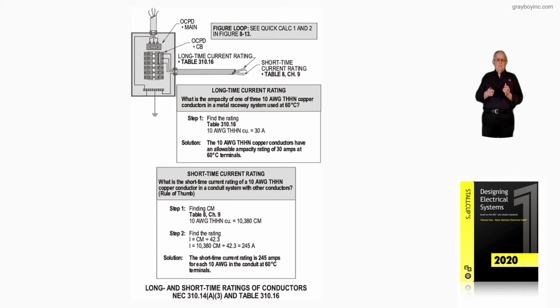Now, remember, if you have 3 current carrying conductors or less, there's no derating factor at all or adjustment factors in accordance with table 310.15(C)(1). So looking at step 1 to the left, 3 current carrying conductors in a raceway, table 310.16, a number 12 conductor in the 90-degree column in table 310.16 has an ampacity for THHN of 30 amps.